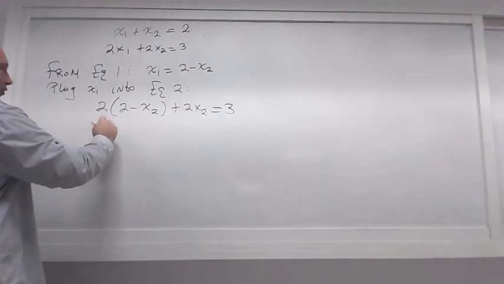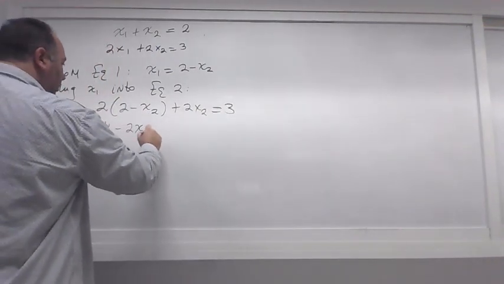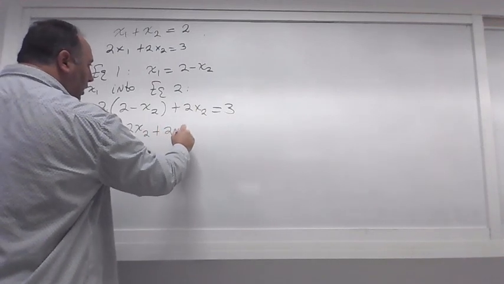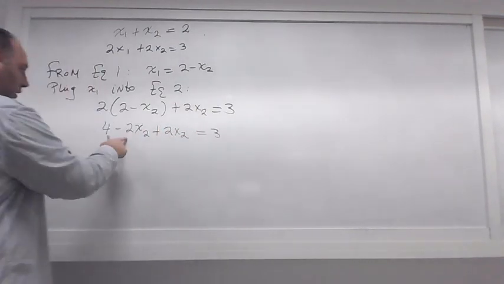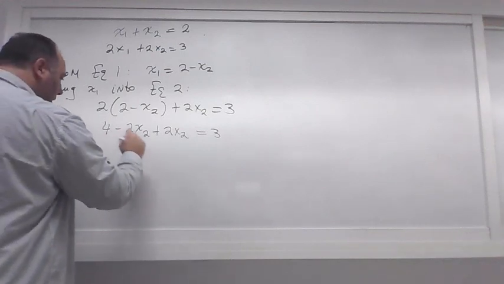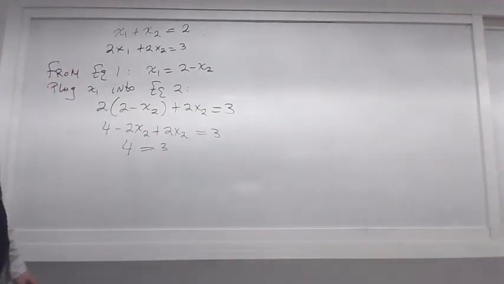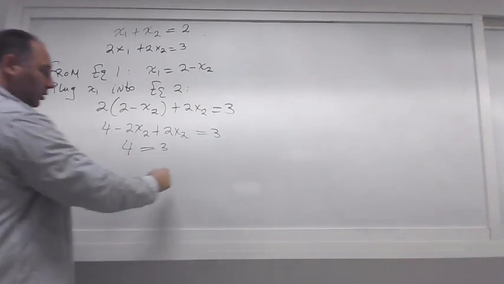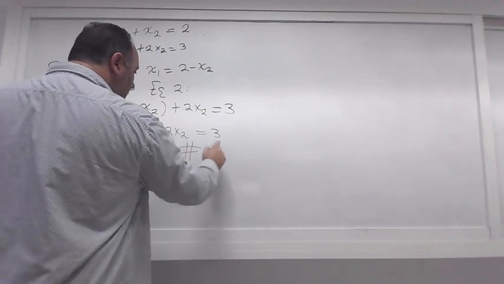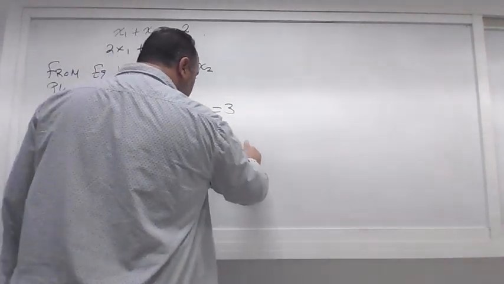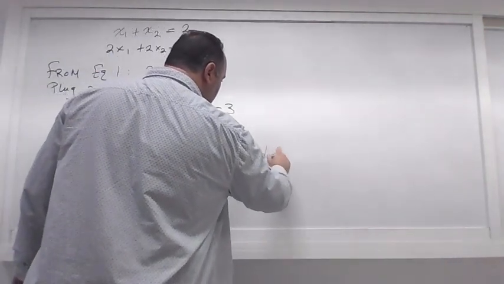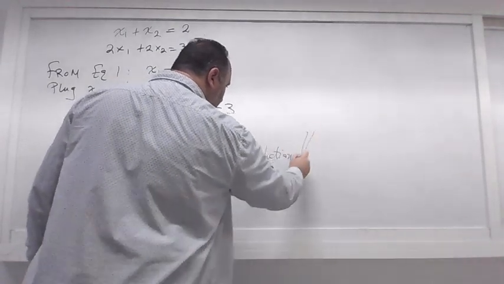So distribute this: 4 minus 2x2 plus 2x2 equal 3. So these two guys, bye-bye. Oh, 4 equal to 3. Oops. Well, this is definitely not correct. So this is a contradiction.